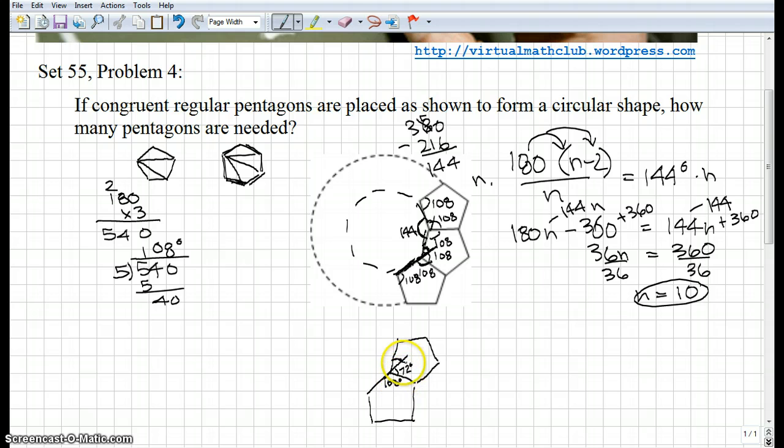So there's 108 and 72, and I know that this whole thing here has to be 108, because that's the interior angle of the pentagon. Okay, so we're trying to find the exterior angle of this polygon here in the middle.